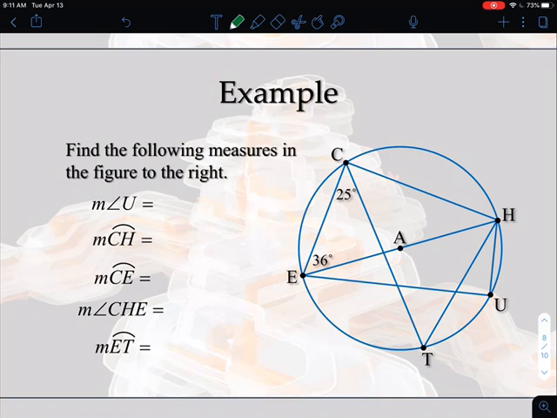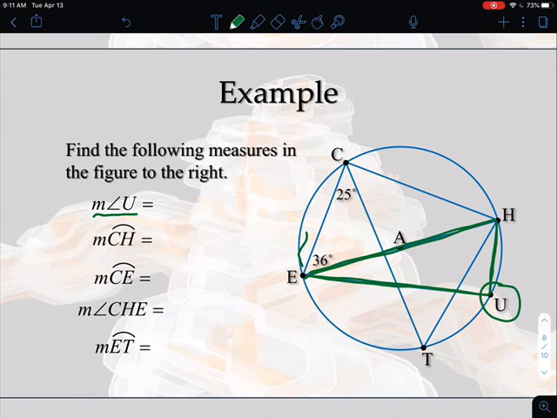So as we go through this, the first thing it wants to know is the measure of angle U. So here's angle U right here. Now if I want angle measure, I need to know what arc goes with it. So if I open up angle U, so I follow it out to H and follow it out to E, notice how that opens up to a diameter.